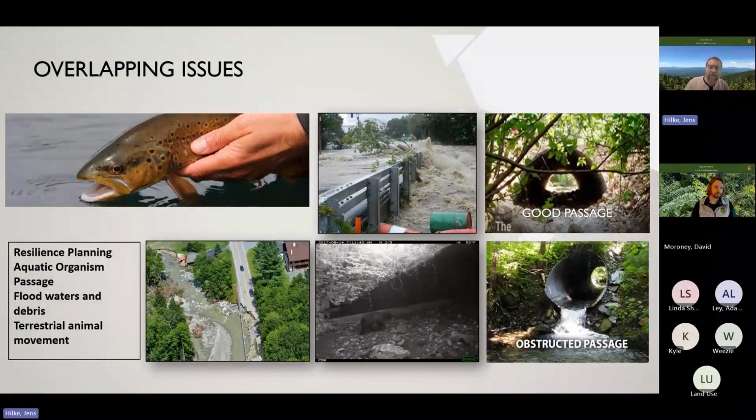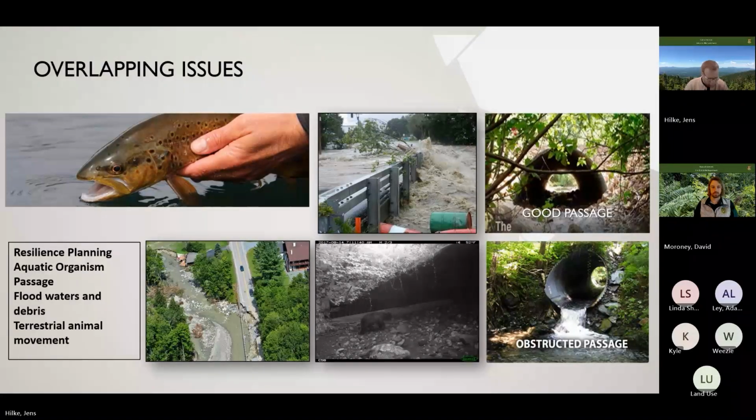But here we're beginning to think also about gray infrastructure, places where our engineered solutions are actually part of the network of connectivity, allowing for plants, animals, fish to move under the road and to connect habitats. So I'm really interested in this idea of gray and green infrastructure. And I want to explore that a little bit more in a separate webinar we're doing this fall of the same name.